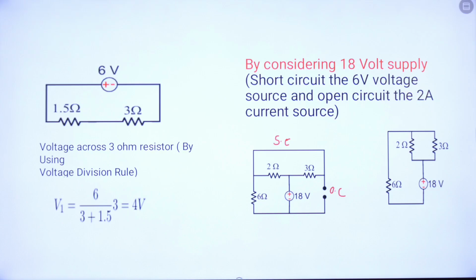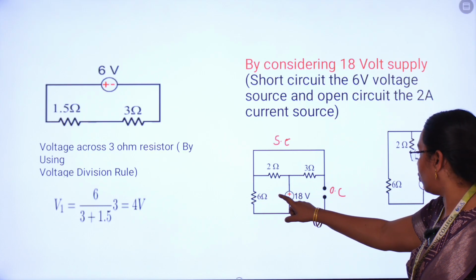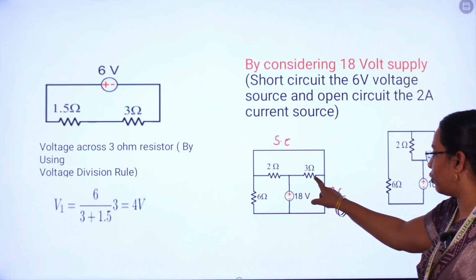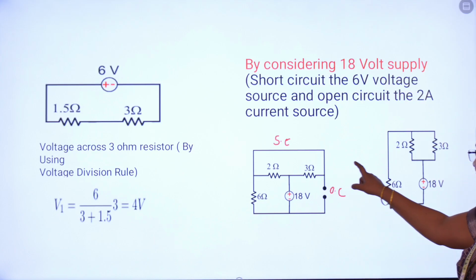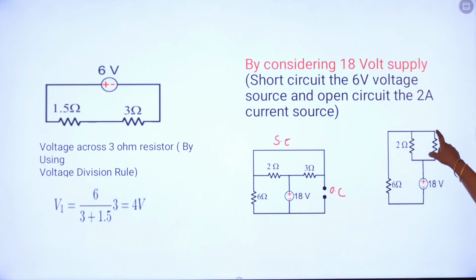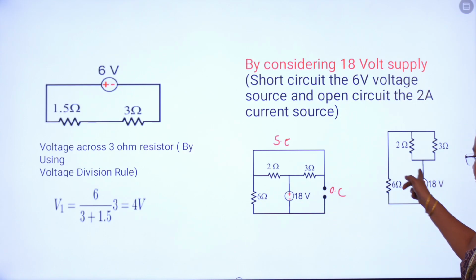In this diagram, this 2 ohm as well as 3 ohm are connected in parallel, and this combination is in series with the 6 ohm resistor. The total voltage is 18 volts. The circuit should be redrawn like this.